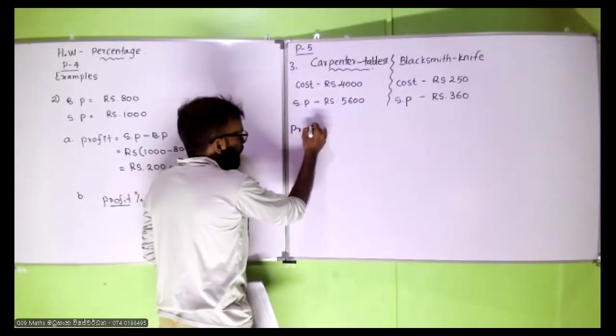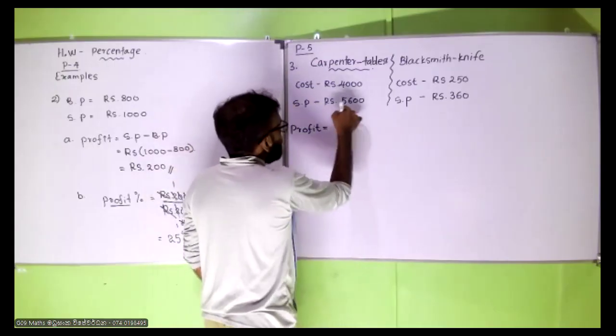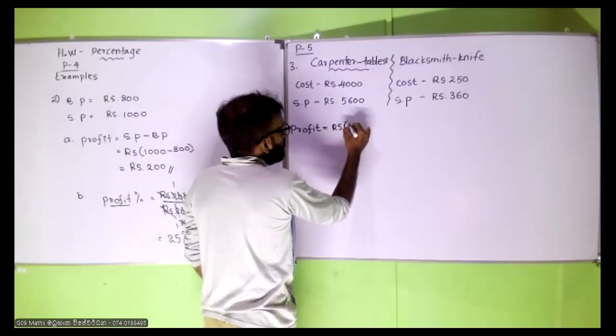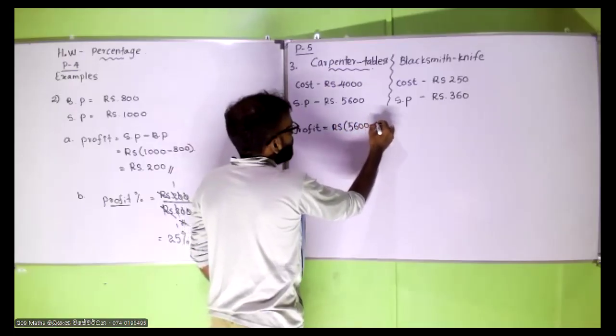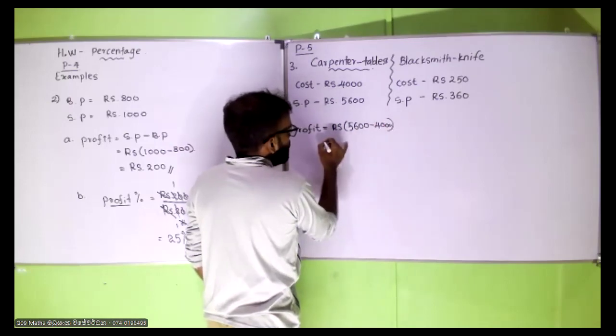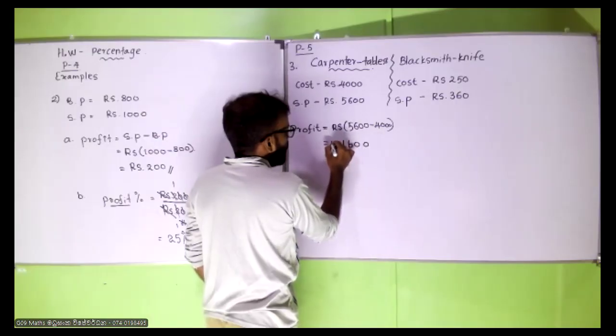Now, profit equals, here you have to subtract 5,600 minus 4,000. So it will give you about 1,600 rupees as the profit.